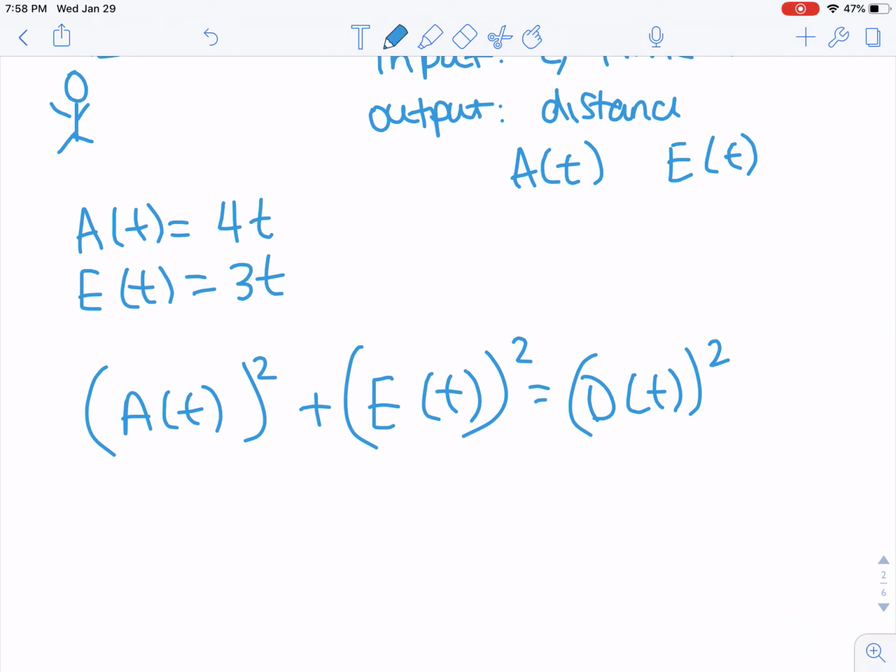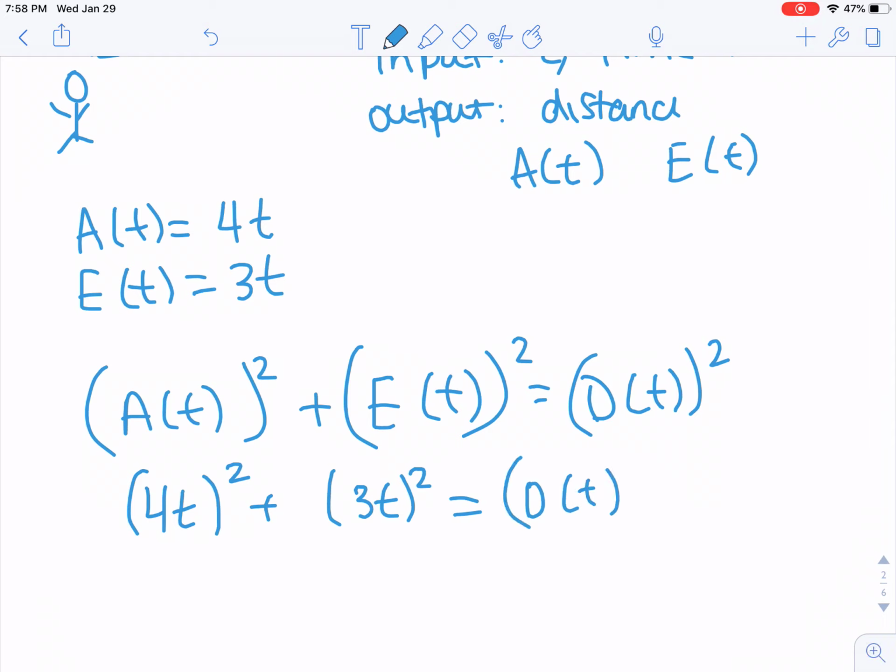So if I substitute in those values, I get 4t squared plus 3t squared equals, still, the distance squared. Distribute that in, you get 16t squared plus 9t squared equals the distance squared.